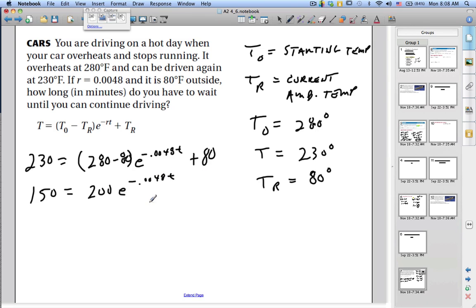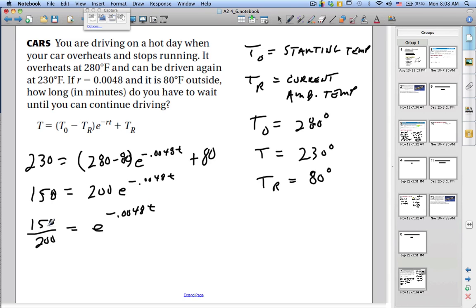The way I'm going to solve this is to take a natural logarithm of either side. Oh, I'm sorry. Before I do that, I'm going to divide by 200. So 150 divided by 200 will be equal to e to the negative 0.0048 t power.